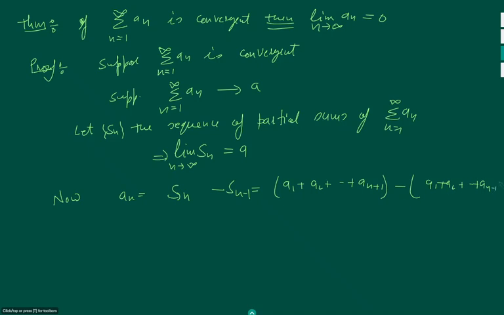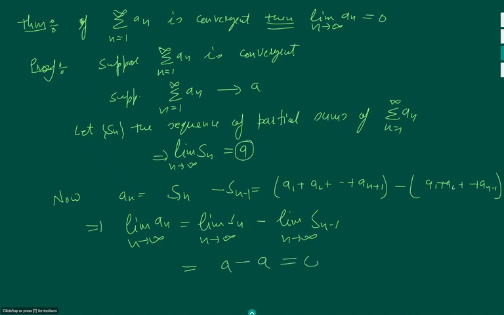So the limit of an as n tends to infinity is equal to the limit of Sn as n tends to infinity minus the limit of Sn minus 1 as n tends to infinity. Since the sequence of partial sums converges to a, this limit is a and this limit is also a, so the difference is 0. And that implies the limit of an as n tends to infinity is 0.